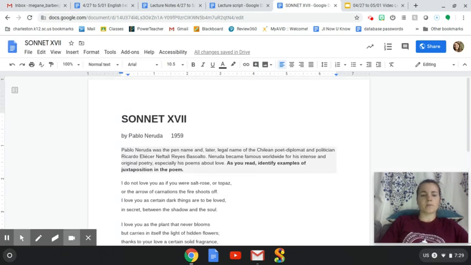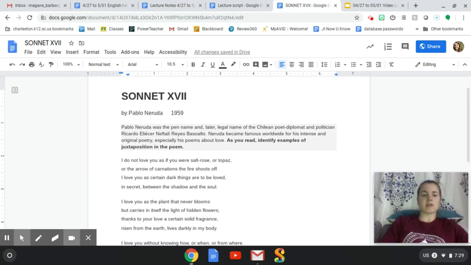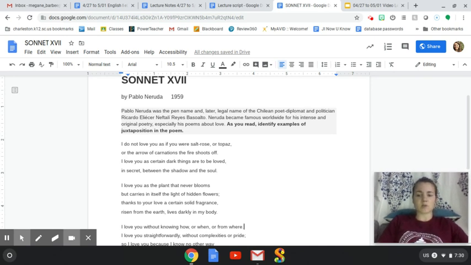This is Sonnet 17 by Pablo Neruda, 1959. I do not love you as if you were salt rose or topaz, or the arrow of carnations the fire shoots off. I love you as certain dark things are to be loved, in secret, between the shadow and the soul. I love you as the plant that never blooms, but carries in itself the light of hidden flowers.